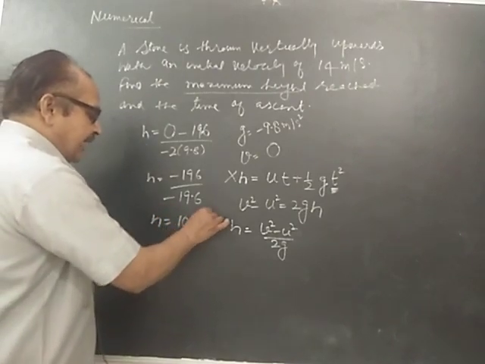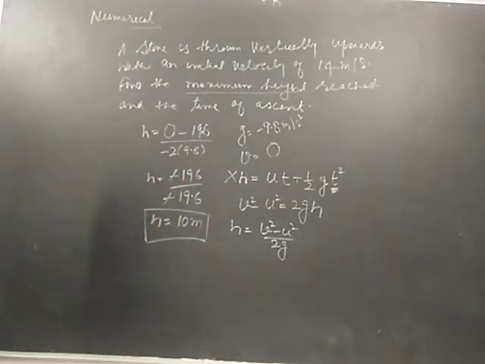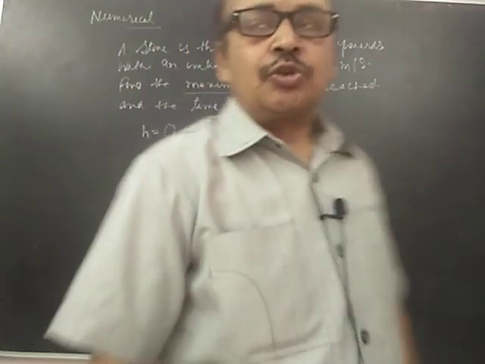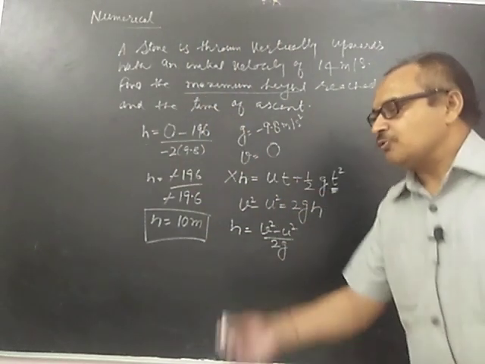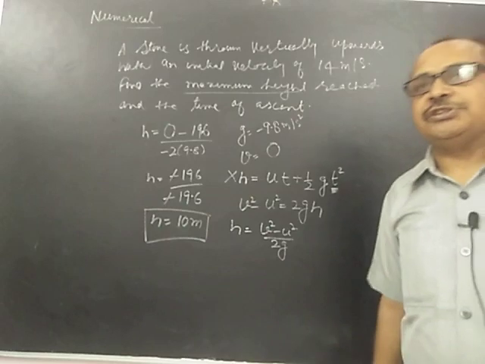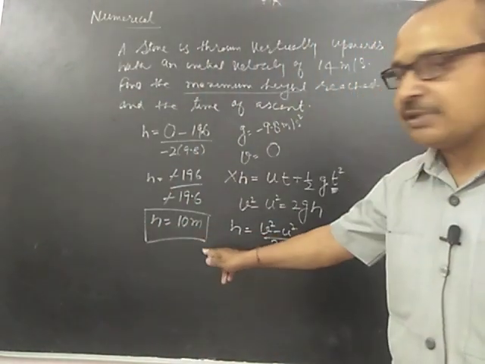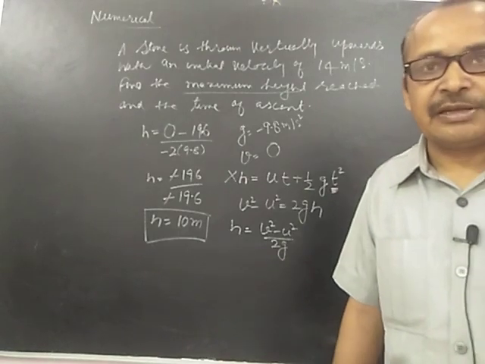That means, as simple as that, the height is 10 meters. So when the body is thrown upward with this velocity, it will reach a maximum height of 10 meters. Is it clear?